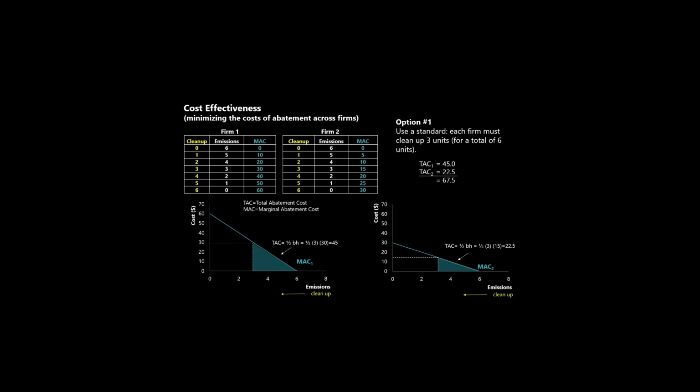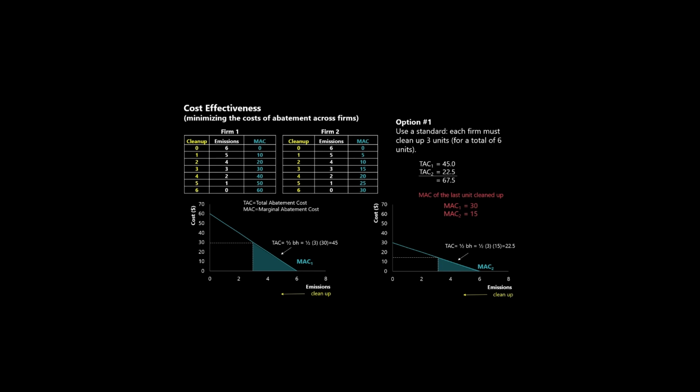Now, after each one of these options, I'll also be comparing the marginal abatement cost of the last unit cleaned up. For Firm 1, that's 30, and for Firm 2, it's 15. So 30 and 15 are not equal, and you may remember from the beginning of this video, I noted that the cheapest way to clean up any target level of pollution, here 6 units, occurs where the marginal abatement costs are equated across the firms.